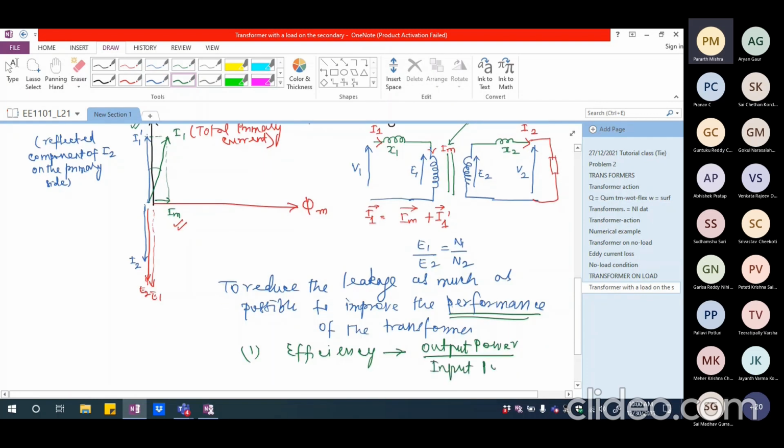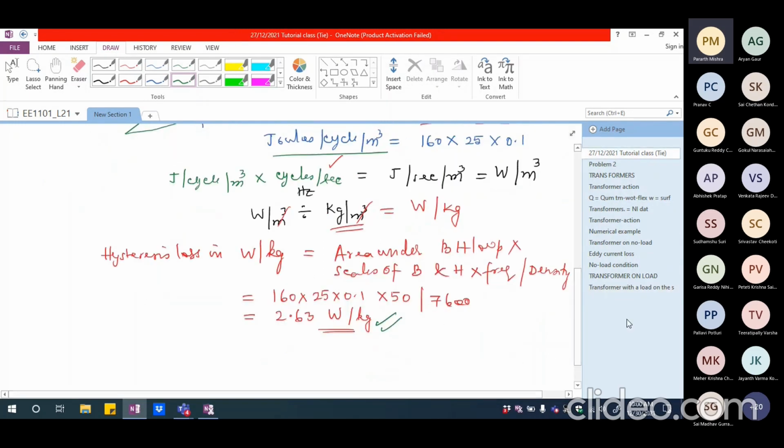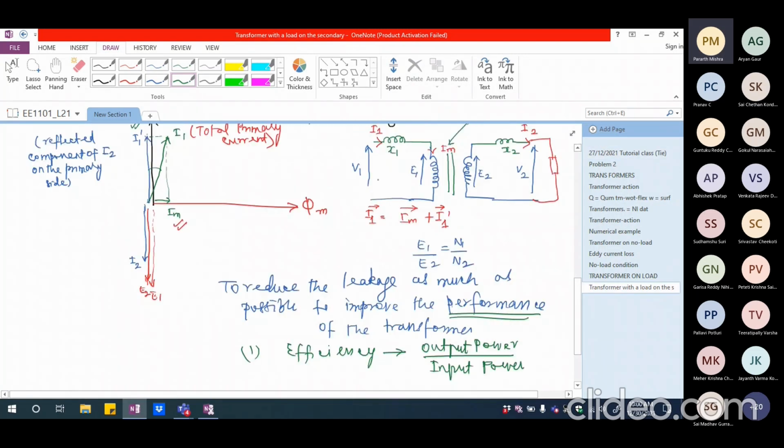And the second thing normally we look at in a transformer is that very often it is meant for stepping up the voltage or stepping down the voltage. So if I apply 220 volts here, I expect 110 volts here exactly. If I apply the same 220 volts, but some voltage is dropped here and some more voltage is dropped in this, then instead of 110, I'll get 108 volts, maybe 108.5 volts.